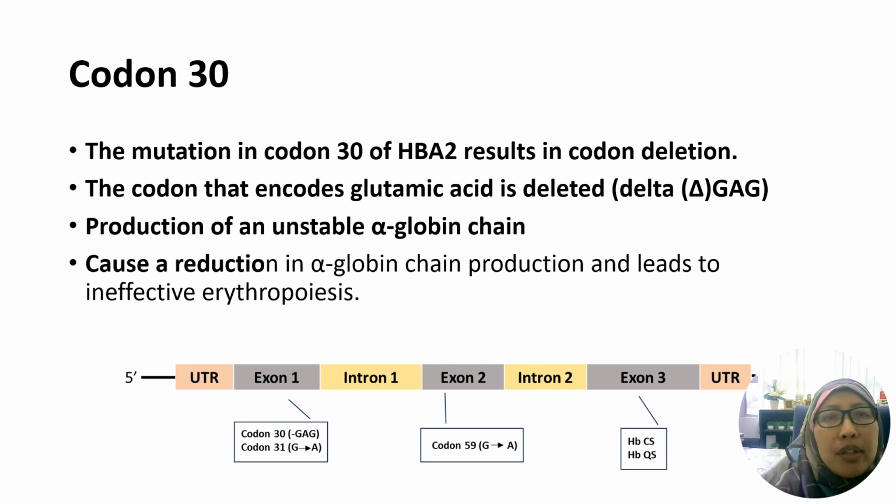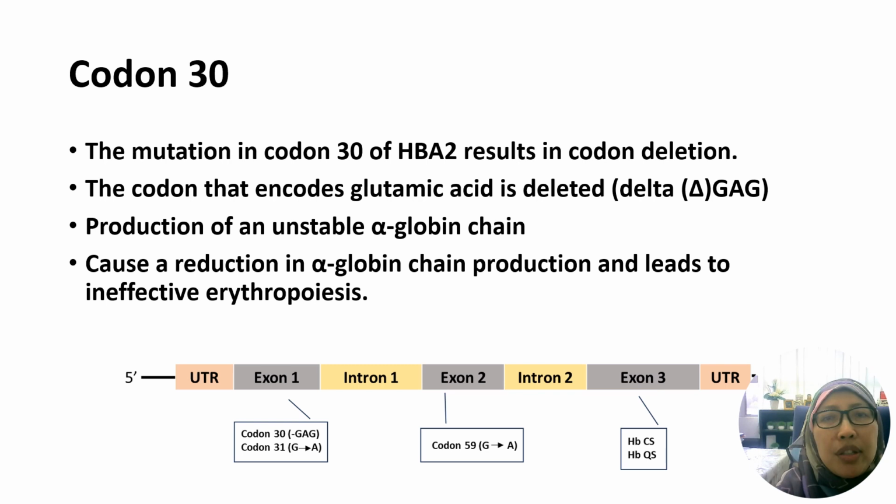And this mutation may not only cause reduction in alpha-globin chain production as it degrades rapidly after translation, but also affects red blood cell production and leads to ineffective erythropoiesis. This mutation produces a highly unstable protein that tends to degrade rapidly after translation, thus reducing the level of functional alpha-globin chain.